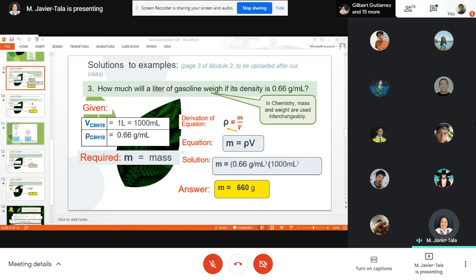For derivation, rho equals mass divided by volume. If we cross multiply, mass equals density times volume. Since the volume is 1,000 ml, with three zeros, you just move the decimal point 3 places. So we arrive at a mass of 660 grams.